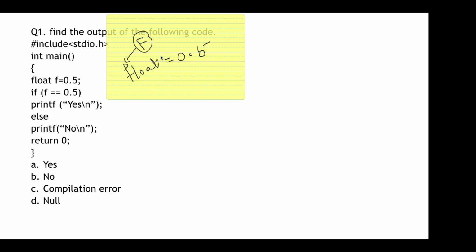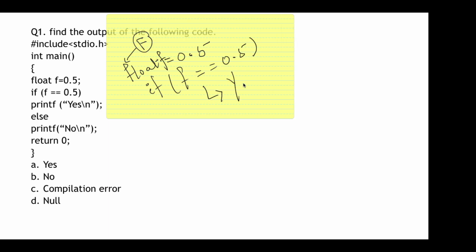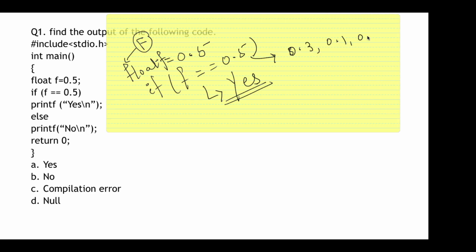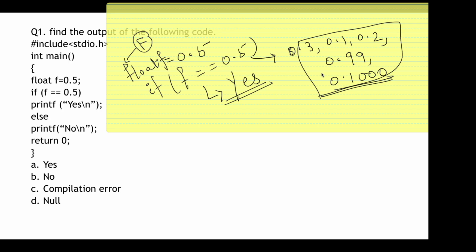Now if f is equal to 0.5, in this case it will print yes. Why will it print yes in this case? But if you consider any other number other than 5, say 0.3, 0.1, 0.2, or 0.99, in all other cases it will give the answer no.